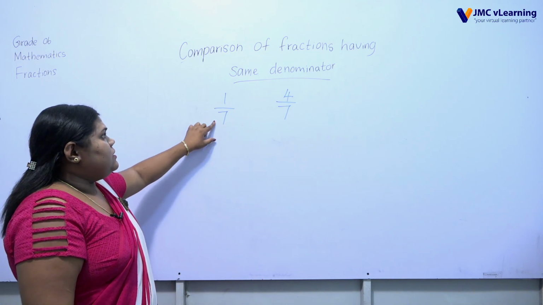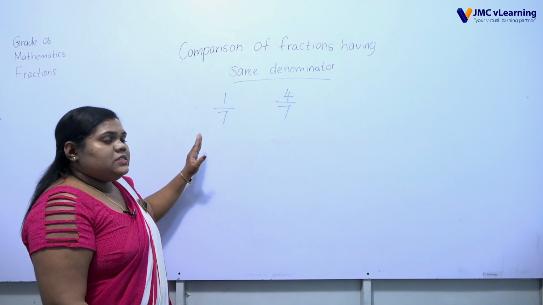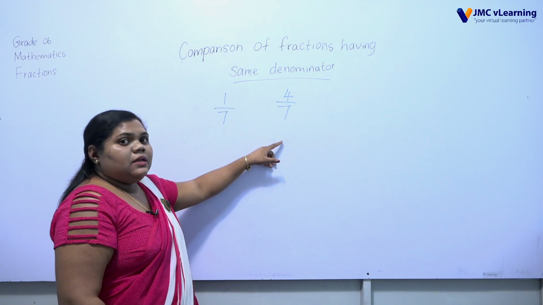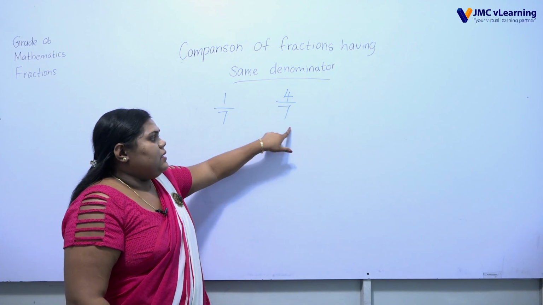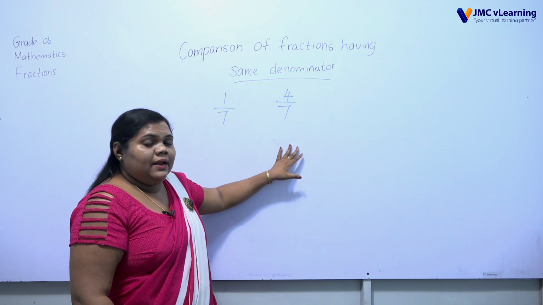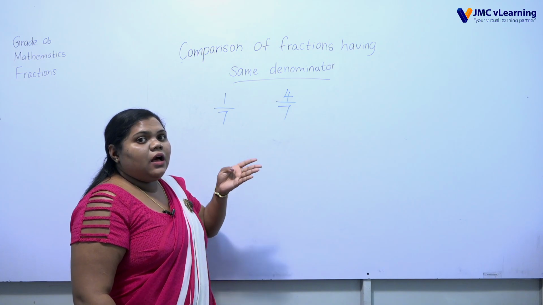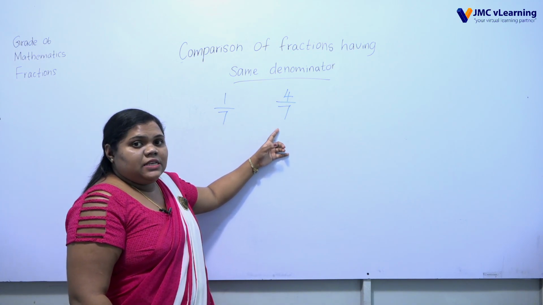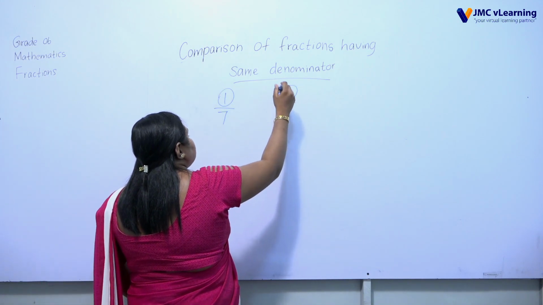It means 1 out of 7 means that one whole you want to divide into 7 parts and you want to take one part out. In here, the same thing happened, but the parts are changed. Here, you want to take a whole one and divide into 7 parts and take 4 parts out. If the two denominators are same, you want to think about the numerators.